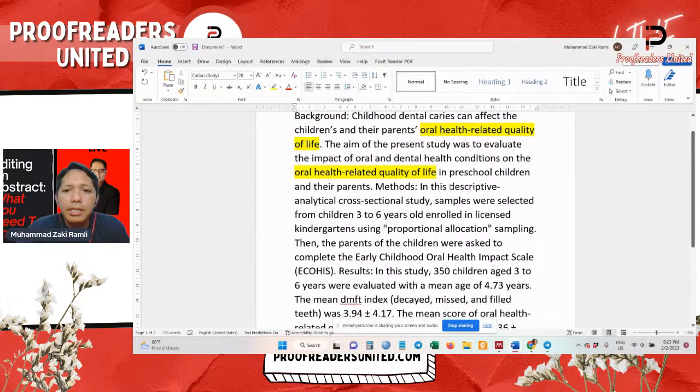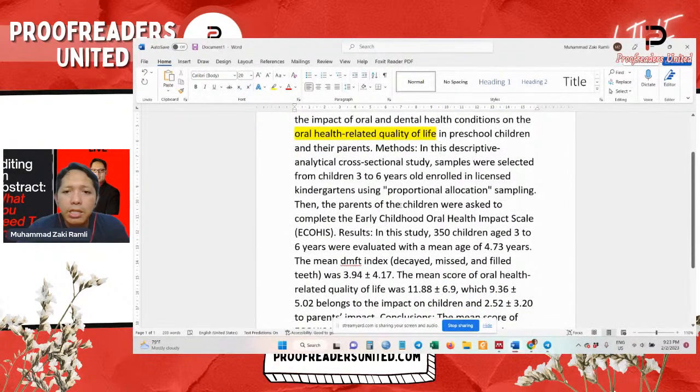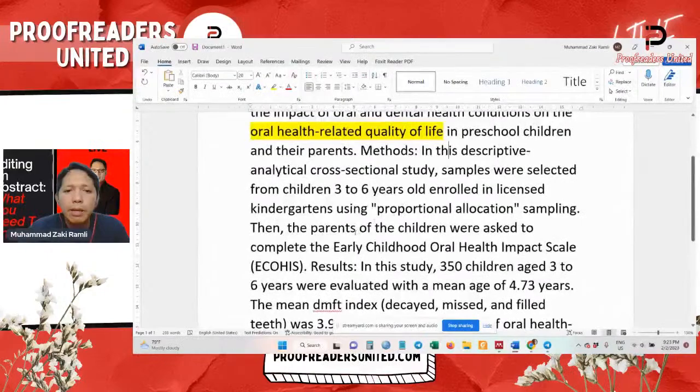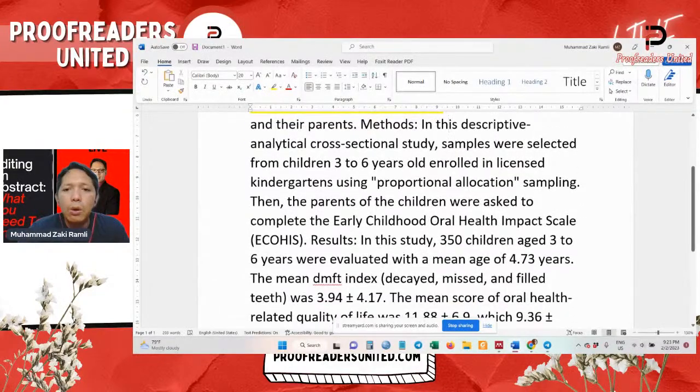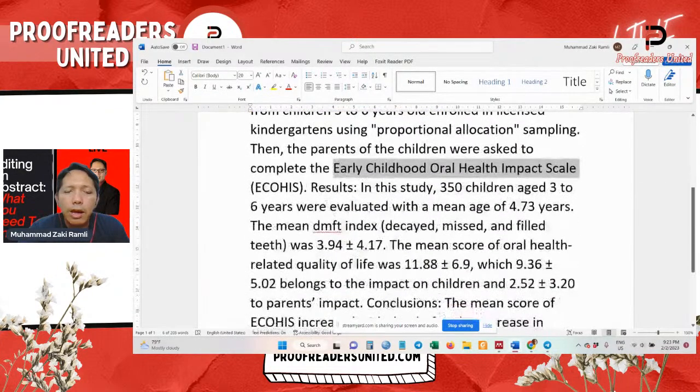Methods: in a descriptive analytical cross-sectional study, samples were selected from children 3 to 6 years old enrolled in licensed kindergartens, by proportional allocation sampling. Then the parents of the children were asked to complete the Early Childhood Oral Health Impact Scale. Very long name, 6 words already there.